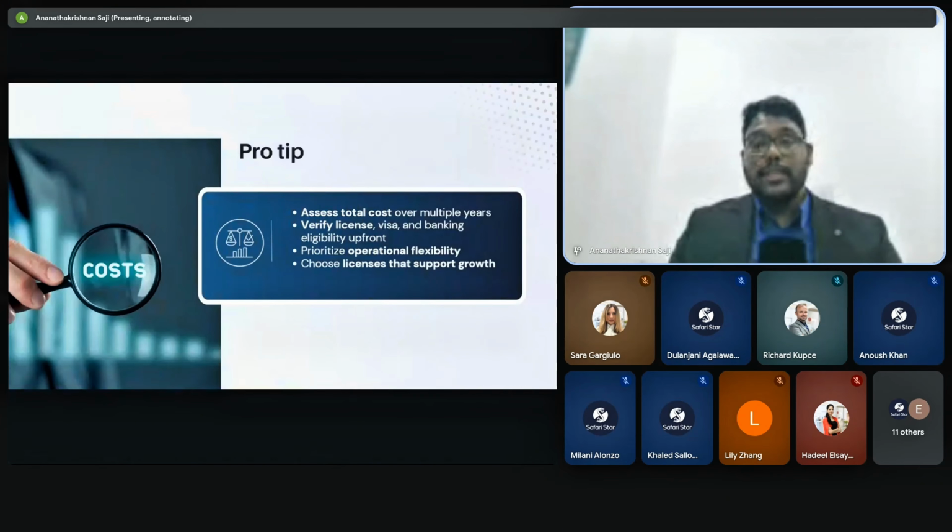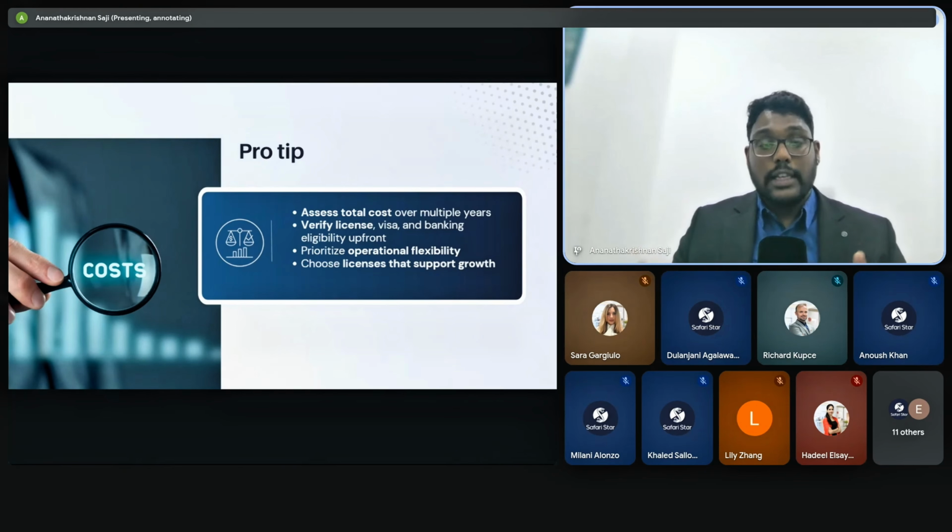So the pro tip for this agenda is to assess total cost over multiple years. That is one of the biggest advantages of having a free zone license. Now let's say you opened a company, but you don't want to go through the headache of renewing it every single year, and you have a long-term vision. Most of the free zones provide you with multi-year licensing options. It's applicable even for big free zones like DMCC.